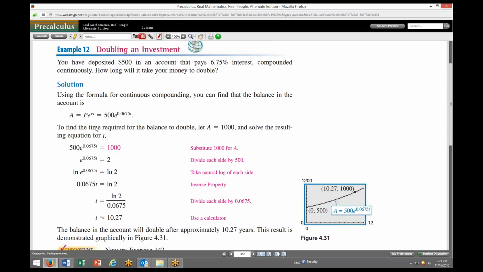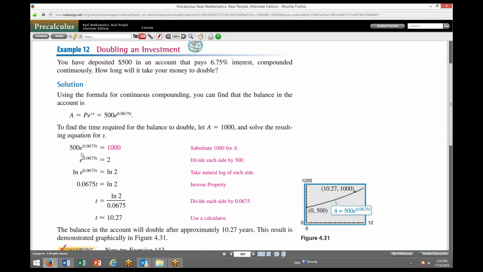So 1,000 equals the principal P, 500, times E to the 0.0675 t. And they have it written here just exactly the opposite of how I just said it. They have the 1,000 on the right and the rest of it on the left. But anyway, however you write it, it works either way.